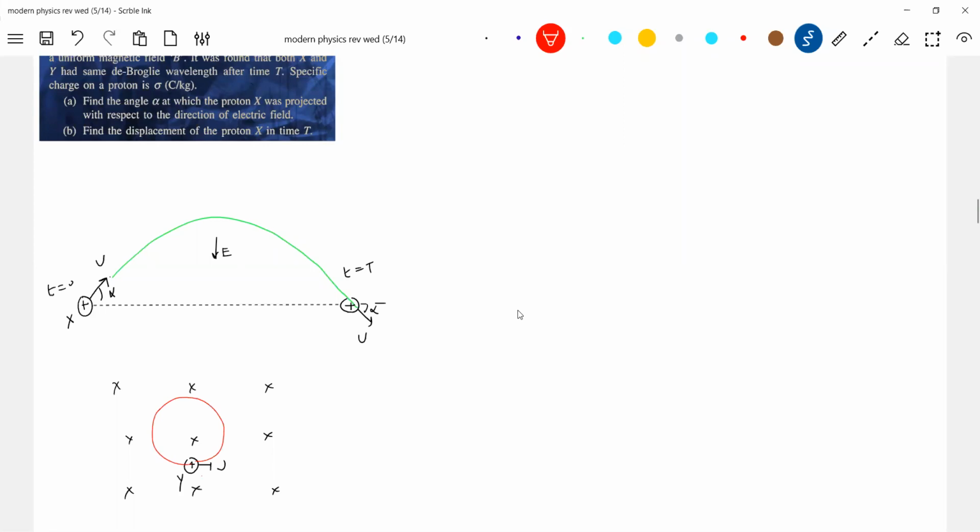This is at t equals 0, after a certain time t, not at t equals 0. After some time t, both will have the same de Broglie wavelength. So by the time this completes the parabolic path, when it comes to the same horizontal line, they should complete one circular path. I think only then it's possible, no?